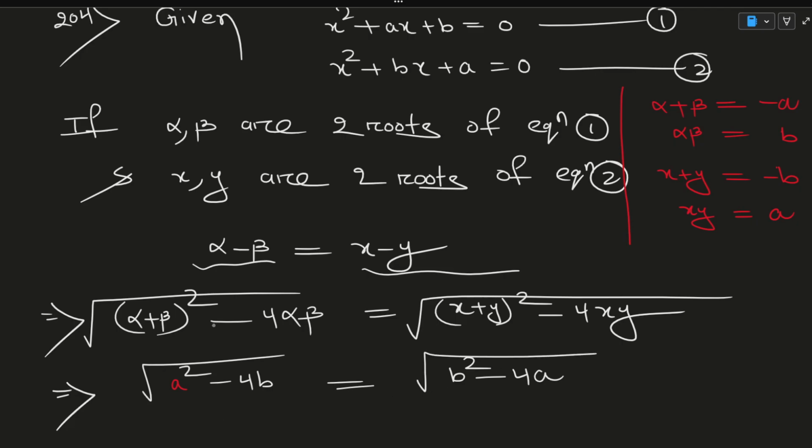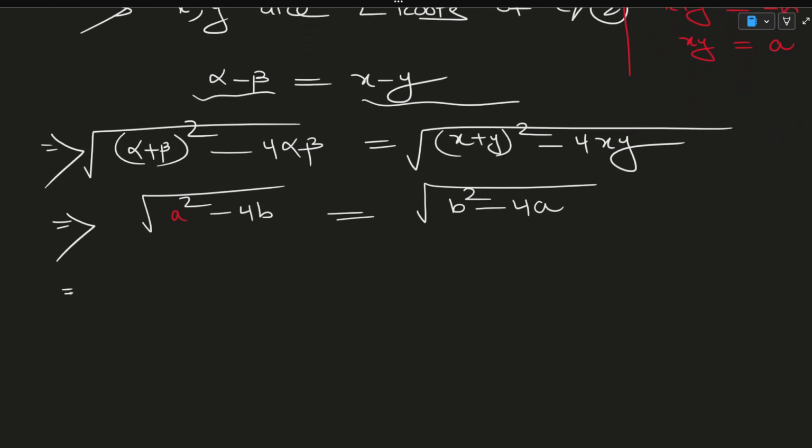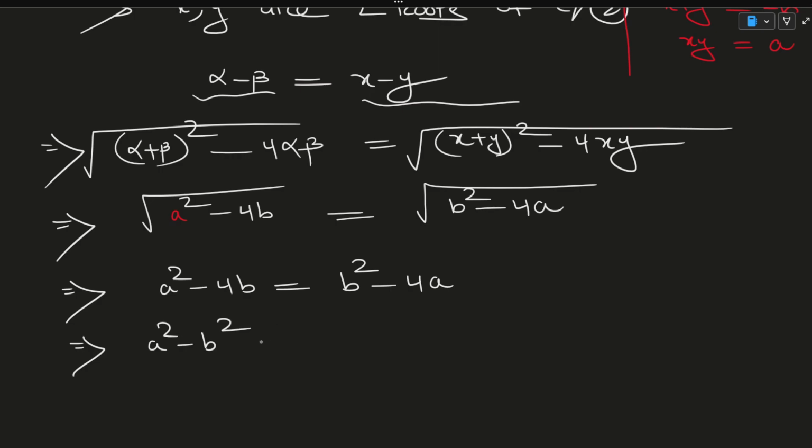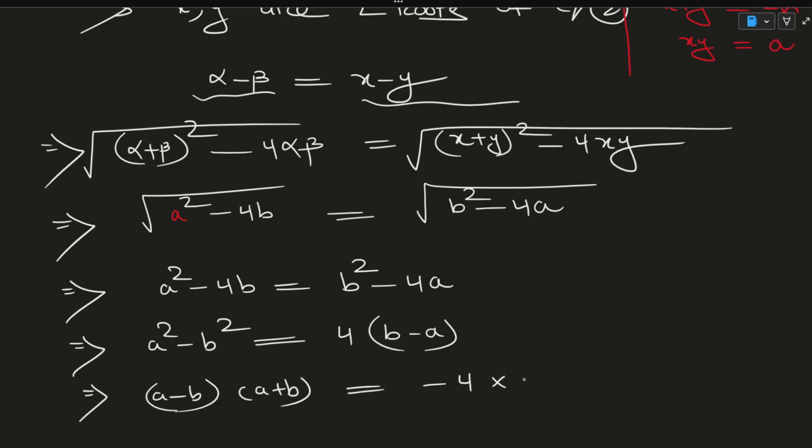Now squaring both the sides, we'll get a square minus 4b equal to b square minus 4a. It implies a square minus b square will be equal to 4 into b minus a. Basically, a minus b into a plus b is equal to minus 4 into a minus b.